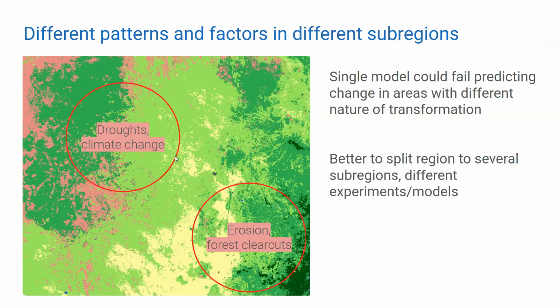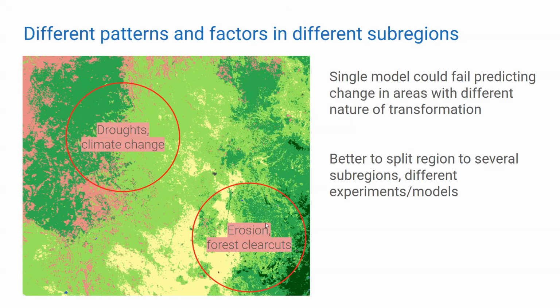Also, there could be different patterns and factors in different subregions of your territory. And single model could fail predicting change in areas with different nature of transformation. For example, we have very, very large territory in Australia. It's like thousands of square kilometers. And in this area, the main driver is droughts and climate change. And in this area, the main drivers are erosion and forest clear cuts.